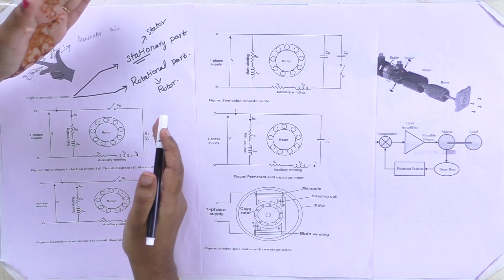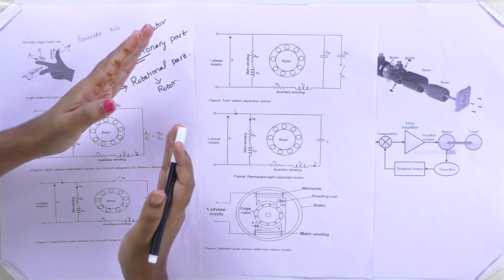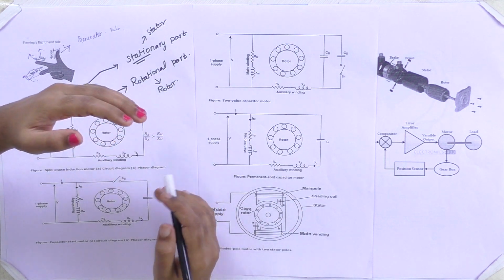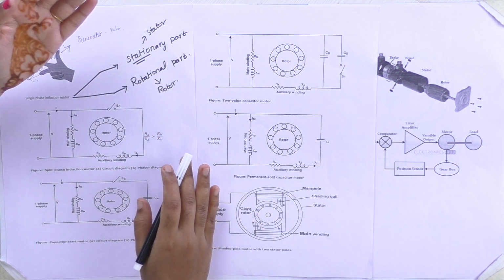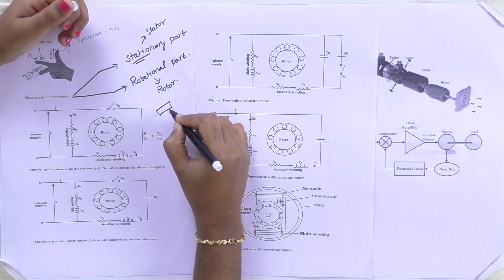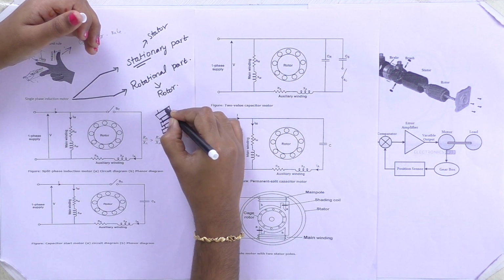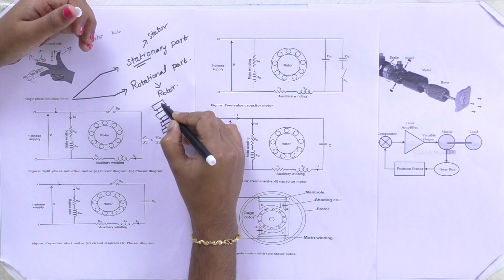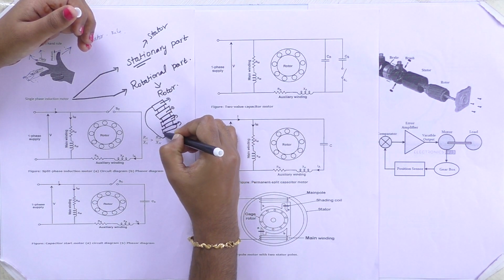But the change in the stator and rotor is that your rotor is like a skewed bar, like a rod, which is the squirrel cage type of rotor. Slots will be there, and stampings, that is steel, will be stamped together in a round manner.